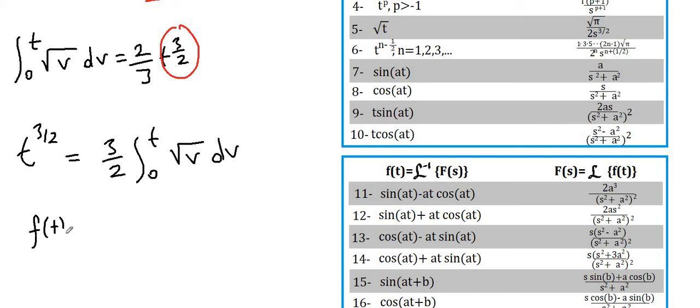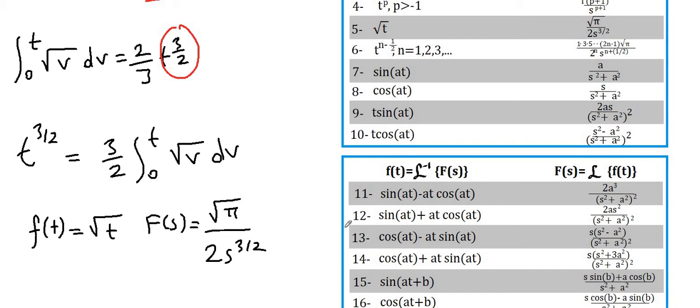Now our f of t is square root of t, and f of s then will be square root of pi over 2s to the 3 over 2, using number 5 here, the Laplace transform.